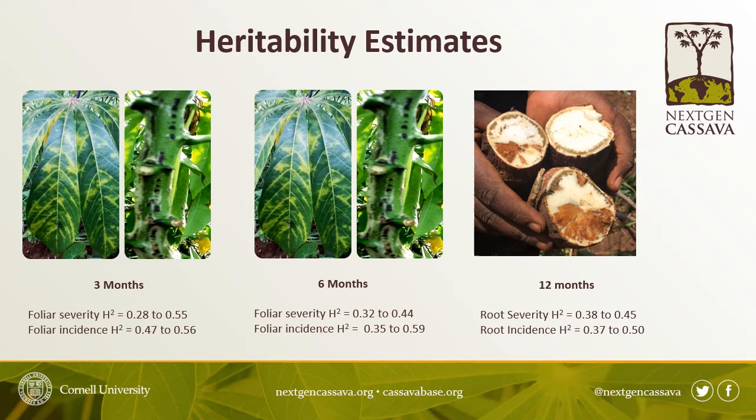On the other hand, the incidence ranges from 0.47 to 0.56 for foliar at 3 months, and at 6 months, it ranges from 0.35 to 0.59, and at harvest, incidence ranges from 0.37 to 0.5.